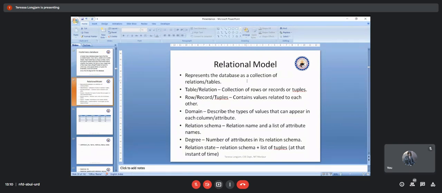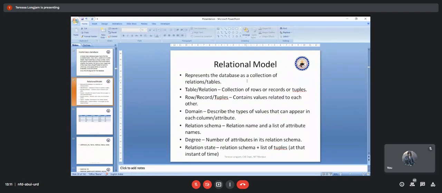And this relational model is the most popular database model. Why? Because by using the relational model we will be able to represent every small detail about a database.